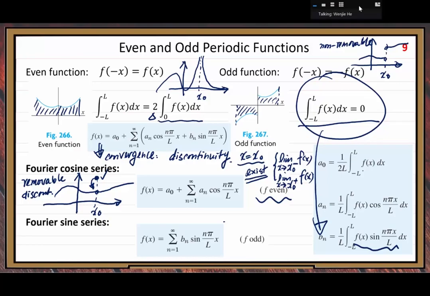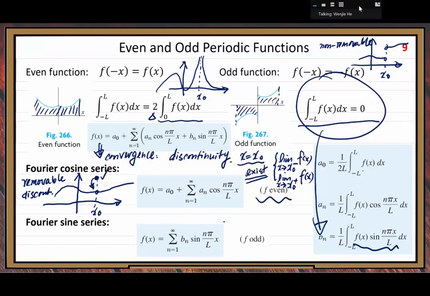No matter how you define the function value at this point, it is still not continuous. You can redefine it to any value, but you can never make it continuous. So that's the non-removable discontinuity.